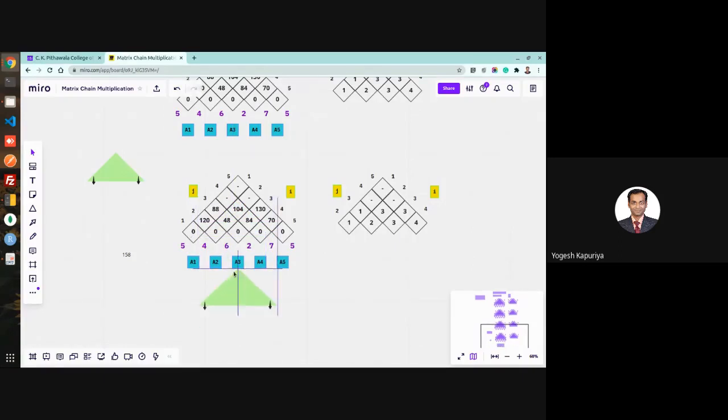So A1 will be multiplied with A2, A3, A4. A2, A3, A4 is 4 cross 7, that should be multiplied with A1. A1 is 5 cross 4. So 5 cross 4 cross 7 plus you already have this result 104. Remember, A2, A3, A4 is already with you. That is 104.